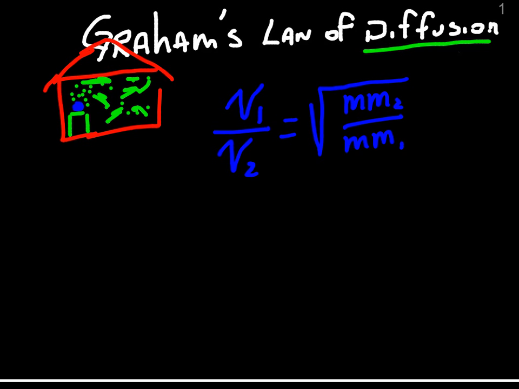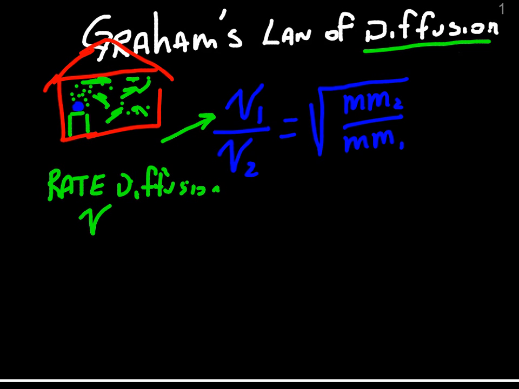Basically, this squiggly v right here is the rate of diffusion, or how fast it's going to spread inside a room or around a room. So how fast is it going to diffuse? It's sort of like velocity, the velocity of a gas.